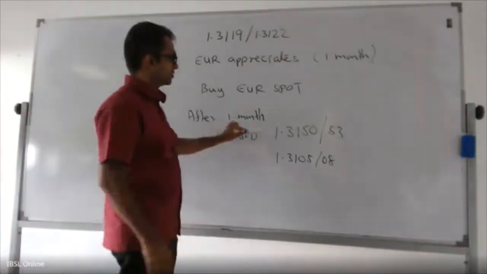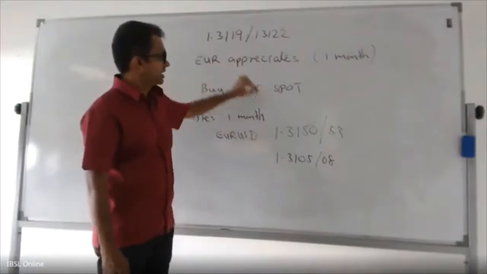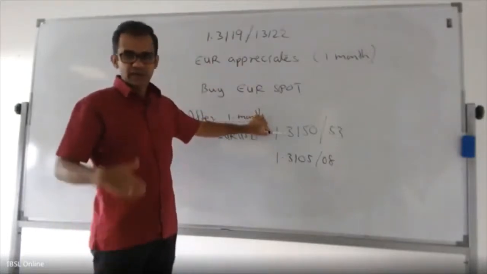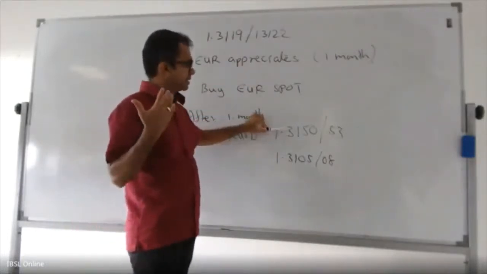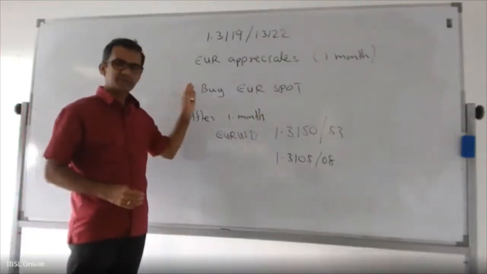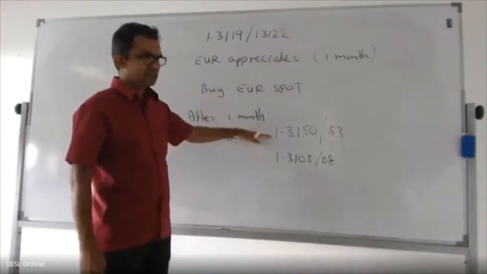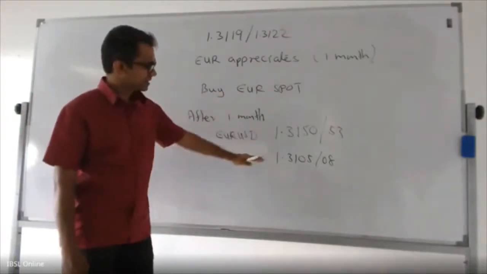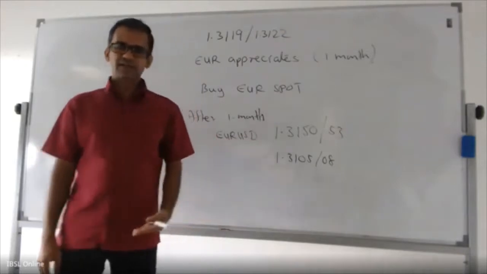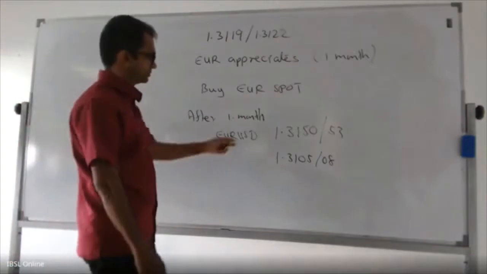In the first scenario, you will make a profit because the exchange rate has gone up. You can sell the euro that you bought one month earlier at a higher rate. But in this case, you can sell it at a lower rate, then you will incur a loss.